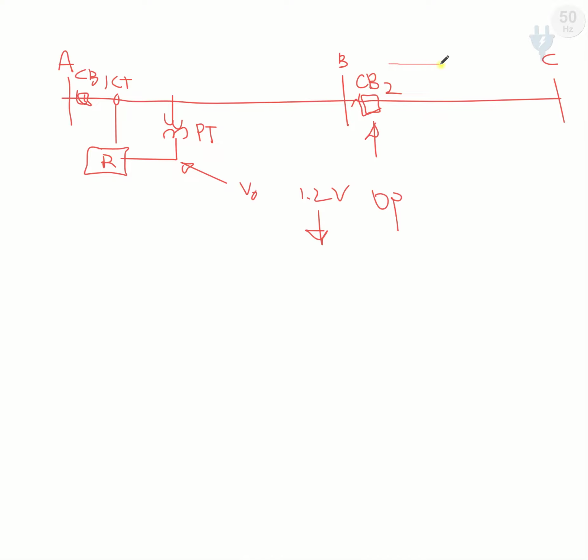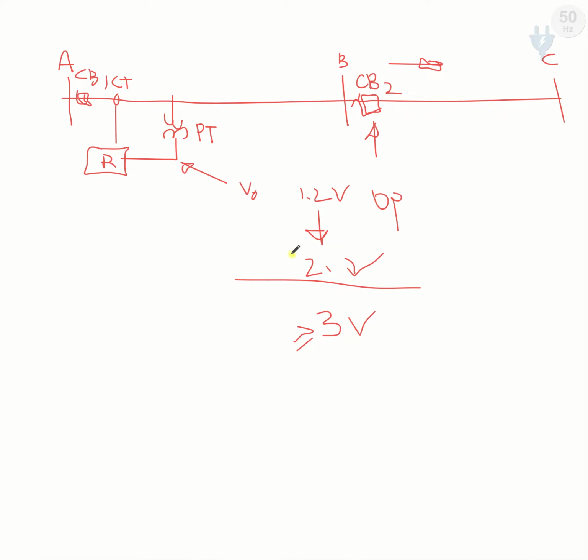If the load on section BC is low, it may change to 2 point something volts. Then maybe we have a threshold value of 3. It means when the zero sequence voltage gets greater than or equal to 3 volts, the relay operates.